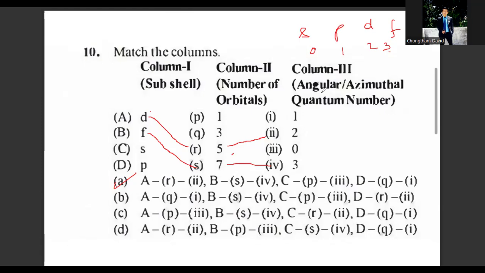These are the values of l. Then what about C? It would be P, because S has only one orbital, and CP3. P would be 3 and corresponds to 1. So AR2, BS4, CP3, DQ1 would be the answer. So option A is the correct combination.